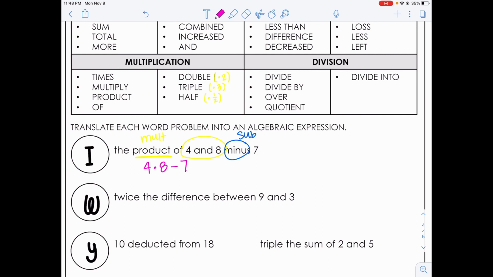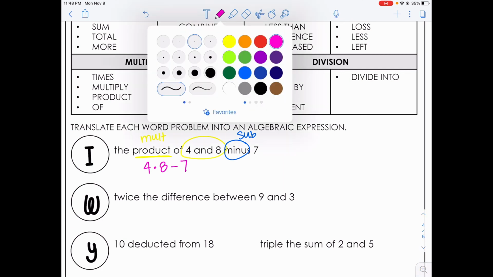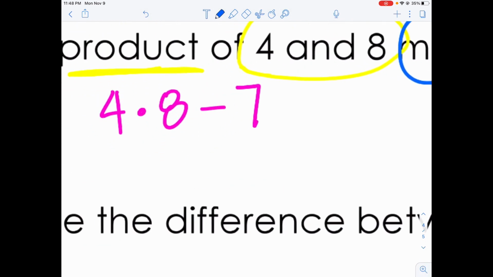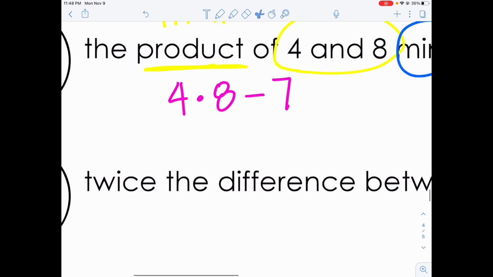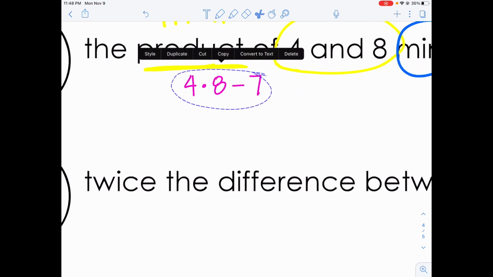And now I'm going to simplify using order of operations. Order of operations tells me to do the multiplication first. So multiplication before subtraction. Oh, that did not work the way I wanted it to. Hold on. There we go.